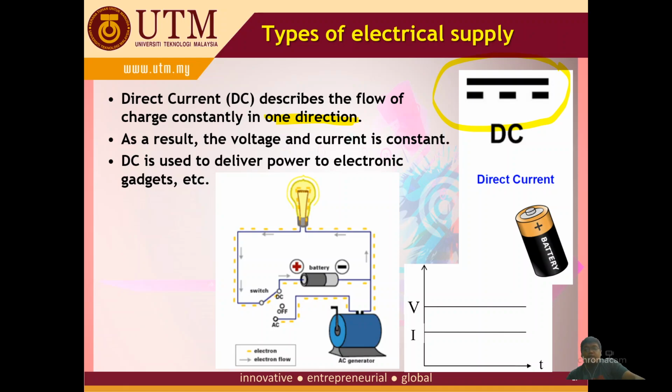So previously, our tutorial based on current and voltage was based on a DC circuit, since it's based on one direction and the voltage and current are considered constant. DC is used to deliver power to electronic gadgets. Nowadays, our system, for example that comes from TNB or any utilities in the world, is based on AC, not DC.